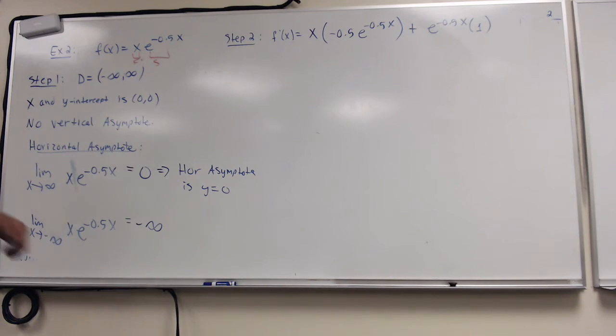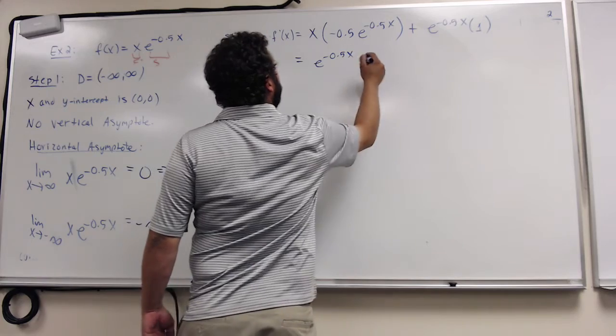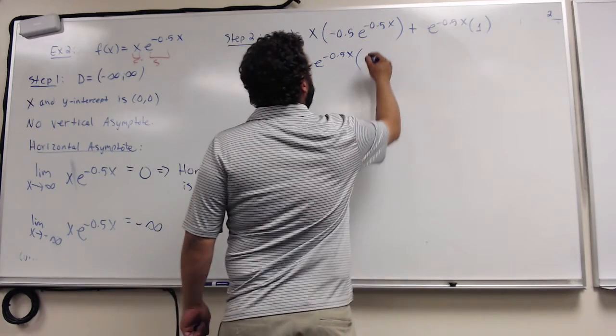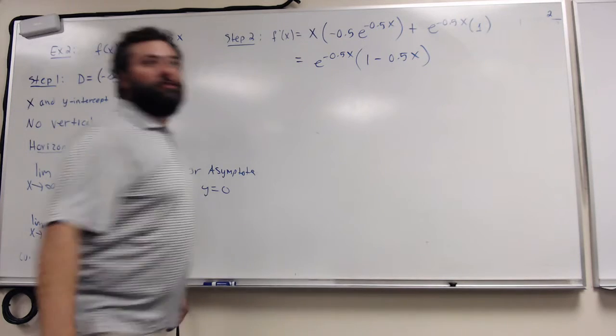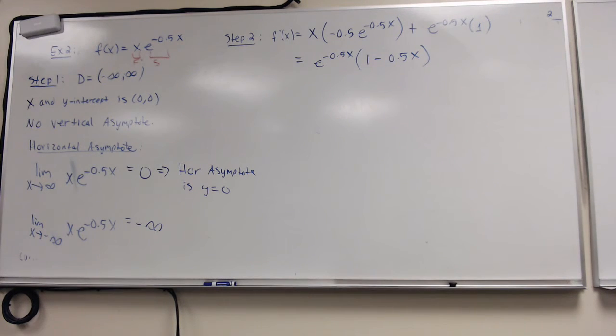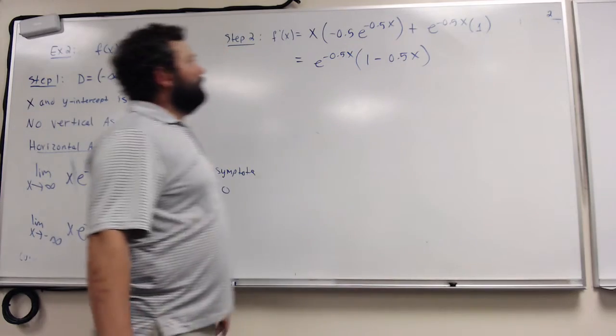I think this is pretty easy to factor. Both terms have an e to the minus 0.5x in them, and then it just becomes 1 minus 0.5x. So I switched the order, right? It's minus 0.5x plus 1.